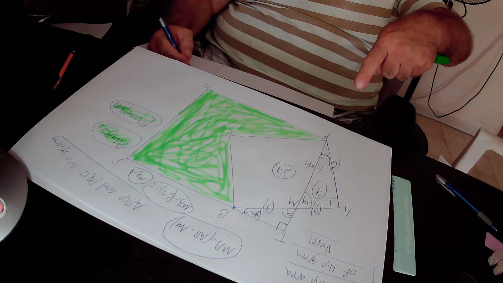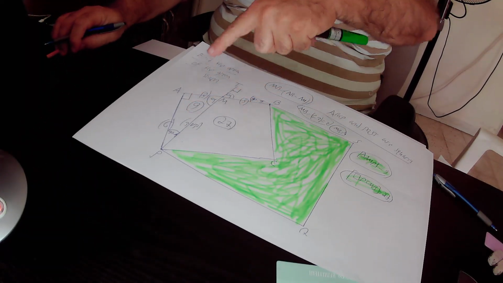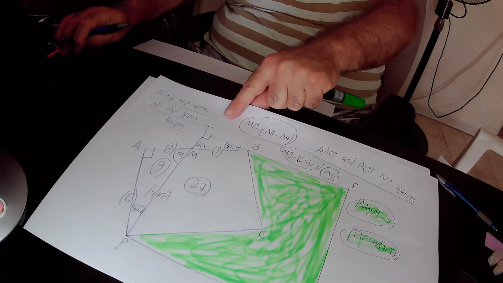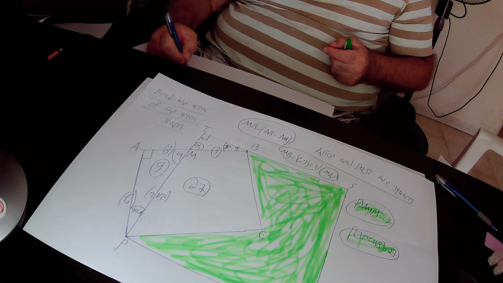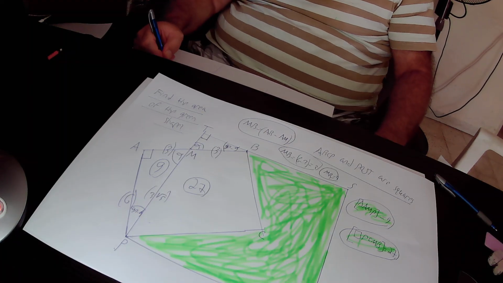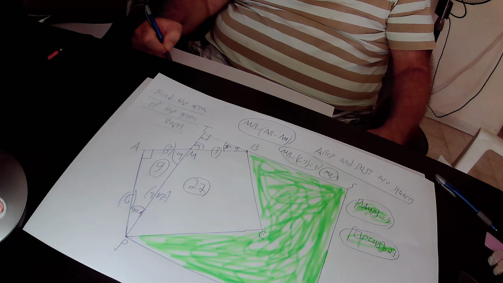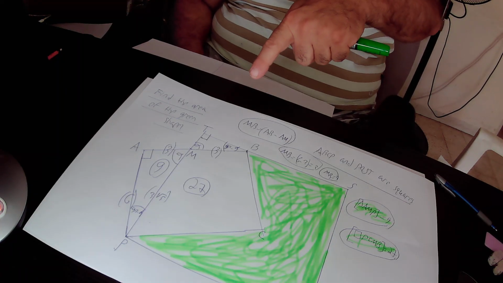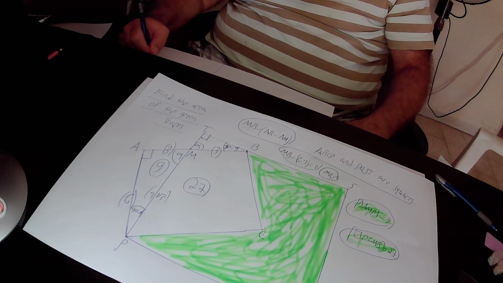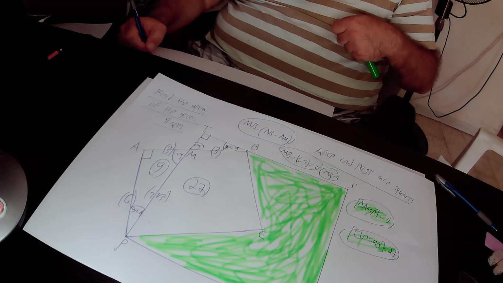We derive the side AP of the big right triangle AMP over side TB of the small right triangle TMB equals side AM of the big right triangle AMP over side TM of the small right triangle TMB, and it also equals side MP of the big right triangle AMP over side MB of the small right triangle TMB.